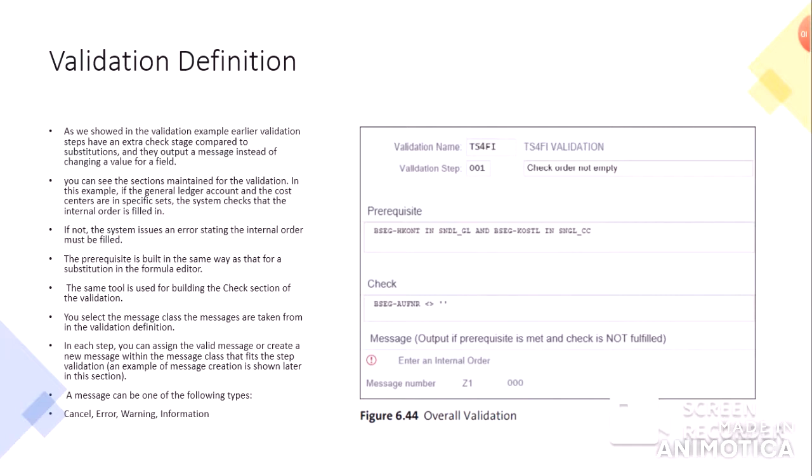If this combination, like if this is the GL and this is the cost center, there should be an internal order filled in, and so that we will check. If not, the system issues an error stating that the internal order must be filled. So it will check there should be a value.